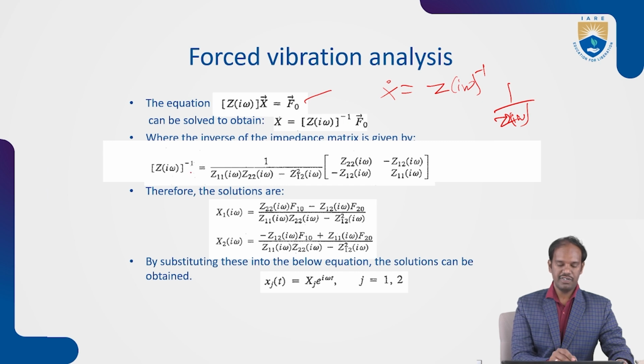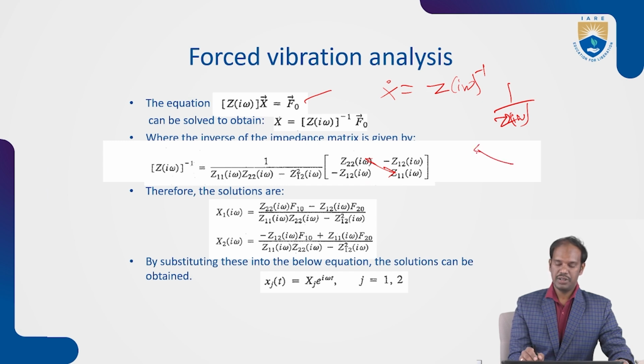Z inverse we can write in terms of 1 over Z 1 1 of i omega, Z 2 2 of i omega, and Z 1 2 squared. So we can write again the forces in terms of 1 2 2 and 1 1, which will be replaced here.